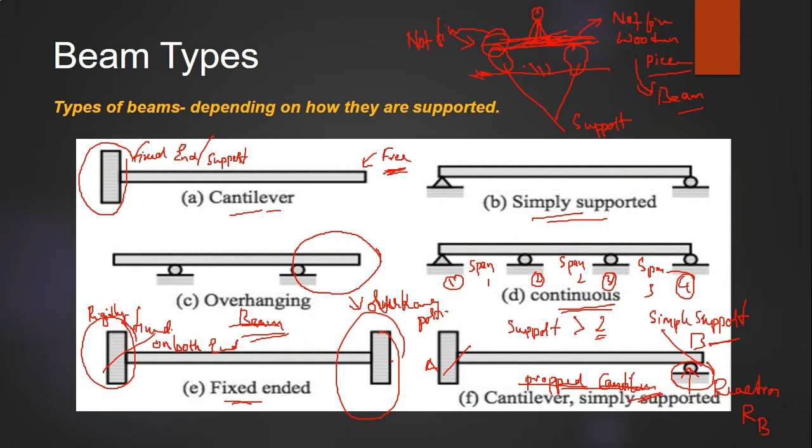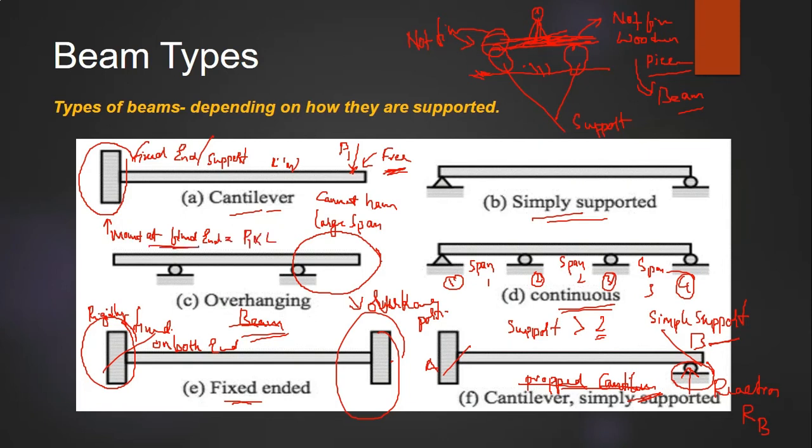Of course, cantilever beams cannot have large spans. Because, for example, see here, if a load P1 is acting on this portion, and this beam has a length of L meters, the moment at the fixed end is equal to P1 into L1.